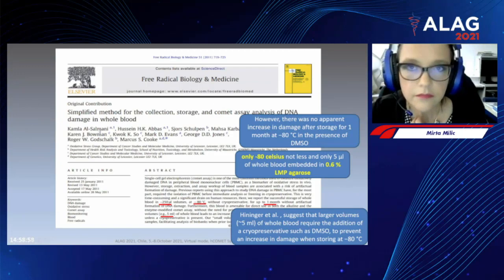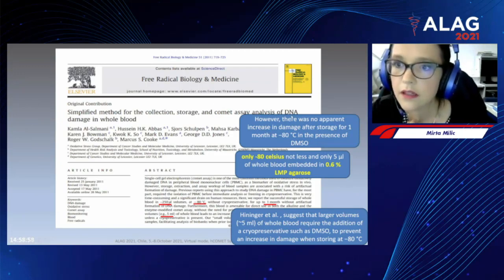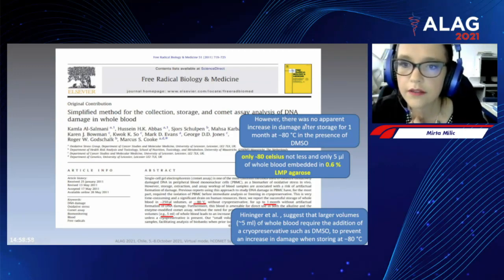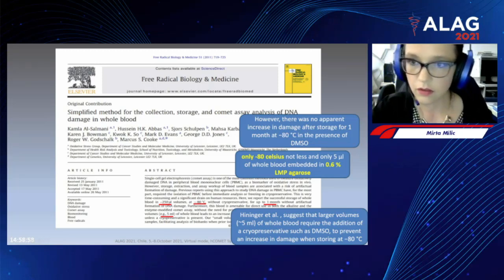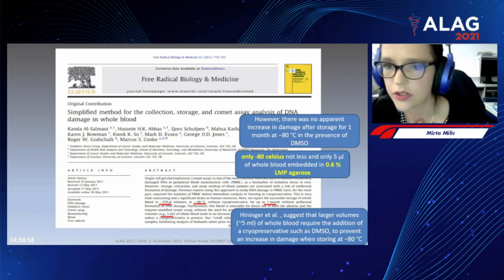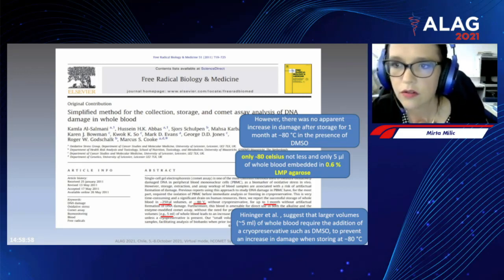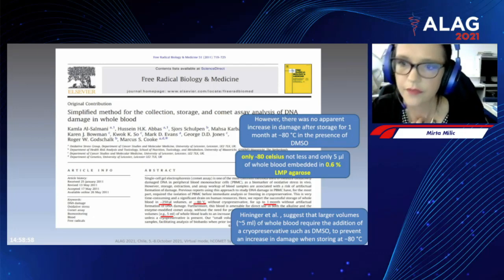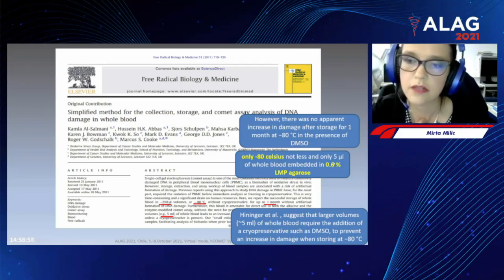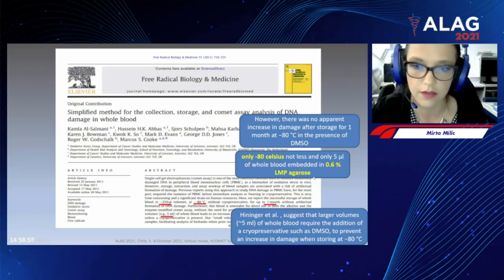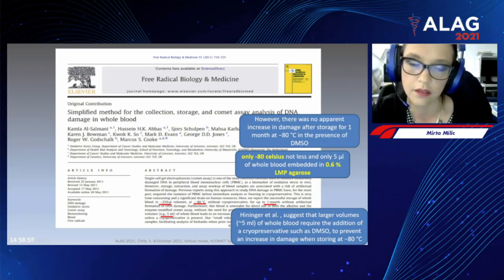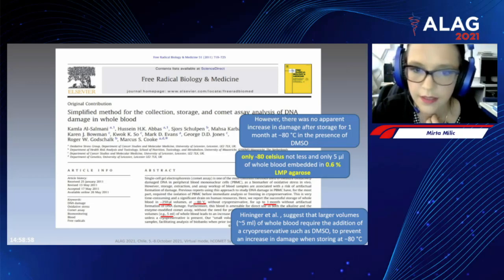Another group, from 2011, showed that for 1 month, if you are freezing only at -80, not at a lower or higher temperature, there is no difference in DNA damage, and that you should use only 0.6% LMP agarose, because they had used really different percentages.